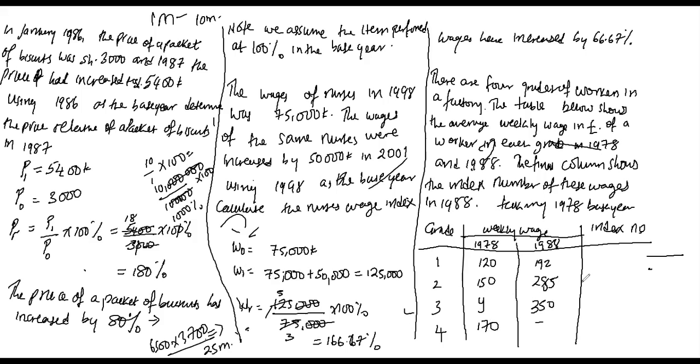We have Z. We have 160. We have X. We have 200. We have 250. So these are the index numbers. The question says, find the values of X, Y, and Z.